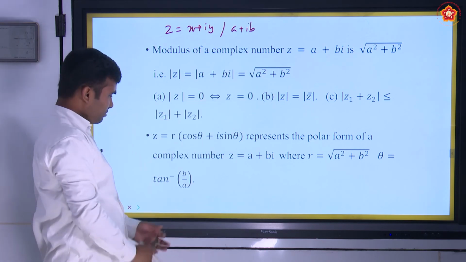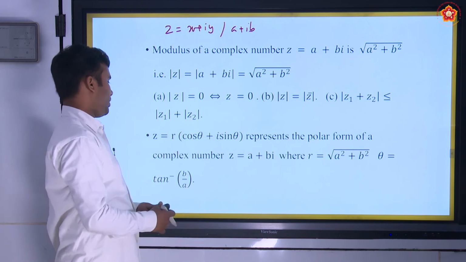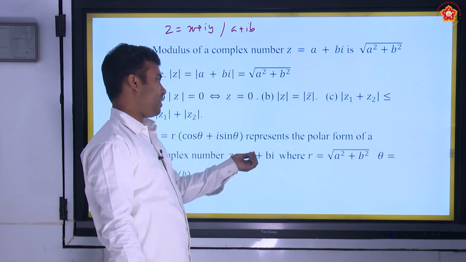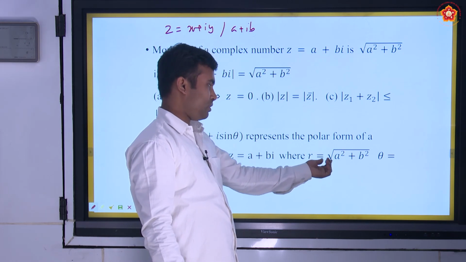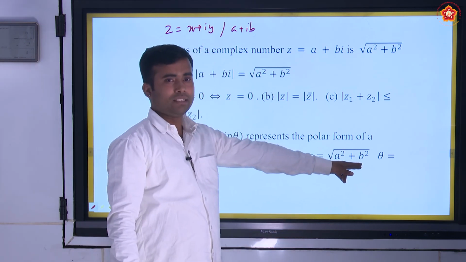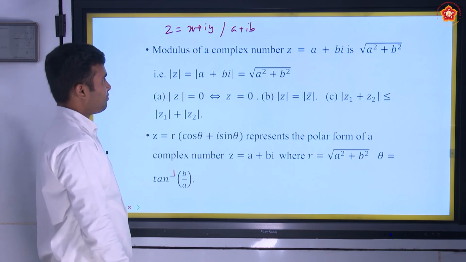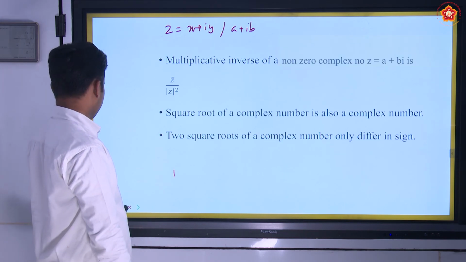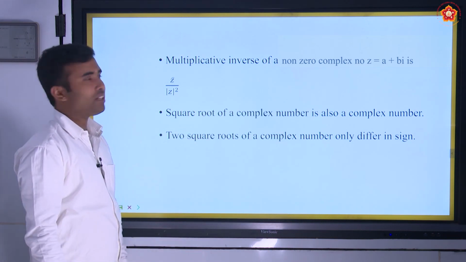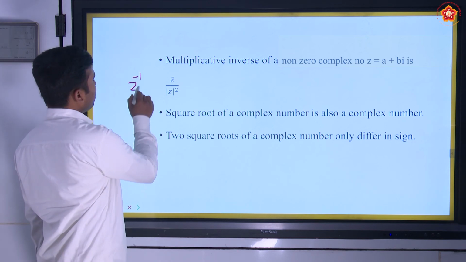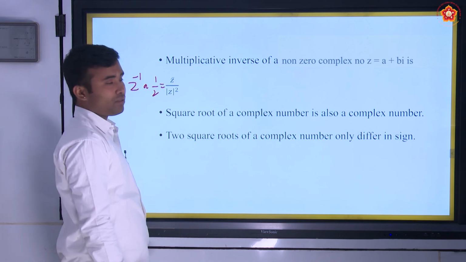So now we expressed that complex number in polar coordinates r and theta, which is r of cos theta plus i sin theta. r is the absolute value of the complex number, square root of a square plus b square, and theta is the argument, expressed as tan inverse of b by a. Next, multiplicative inverse. If z is equal to a plus bi, then its multiplicative inverse, denoted by z inverse or 1 by z, is equal to z bar divided by modulus of z whole square.